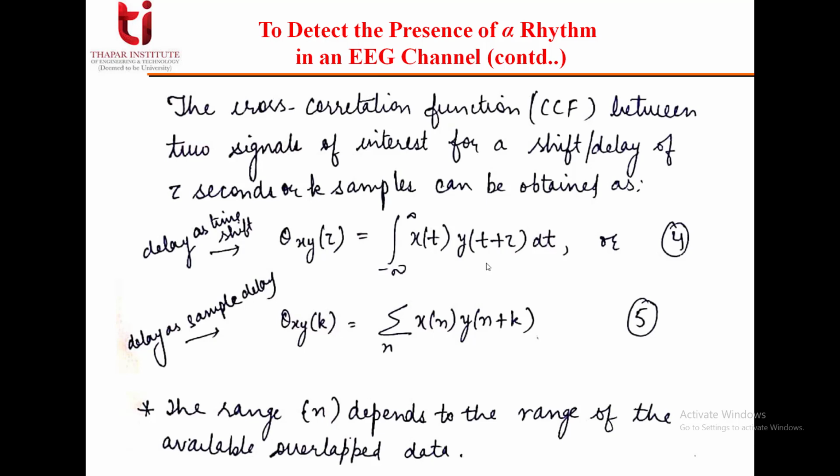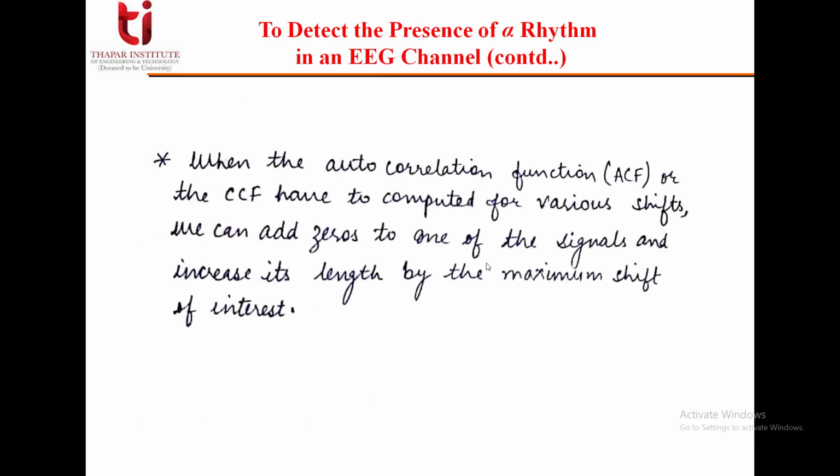The range of n depends upon the available overlapped data, so it is x[n] into y[n plus k]. So we have a delay of k samples in discrete, and a shift of tau seconds in continuous. This is the cross correlation function, used to compute the similarity, or difference, between the two signals.